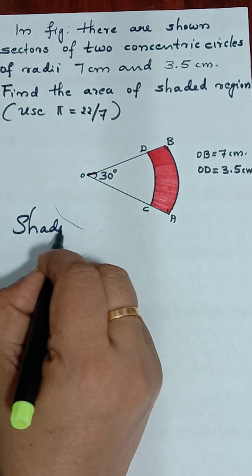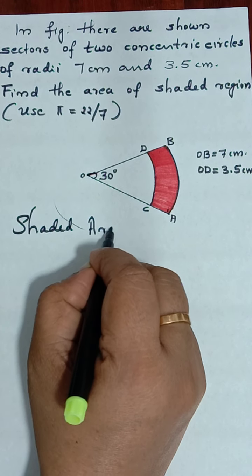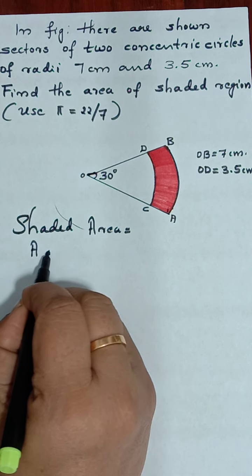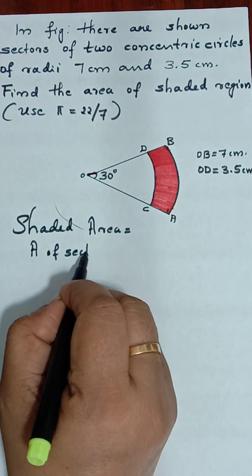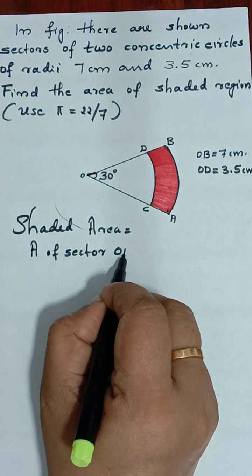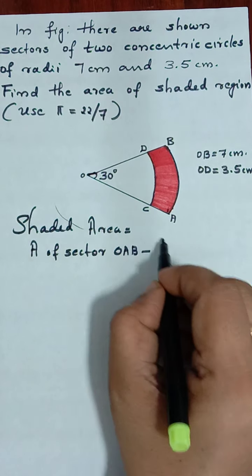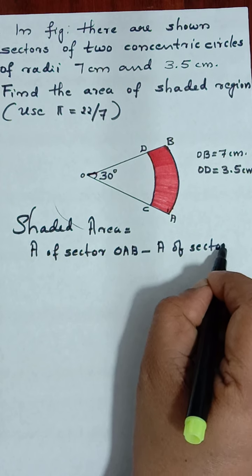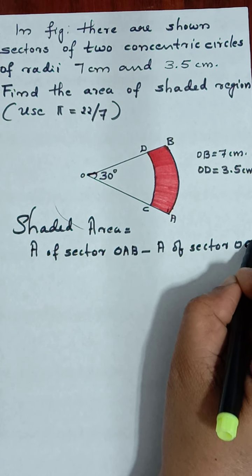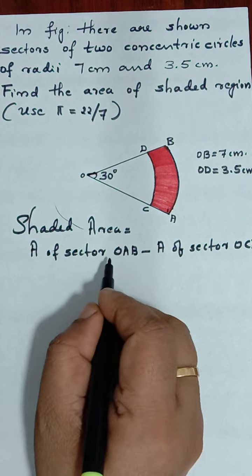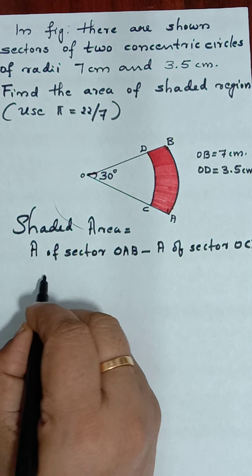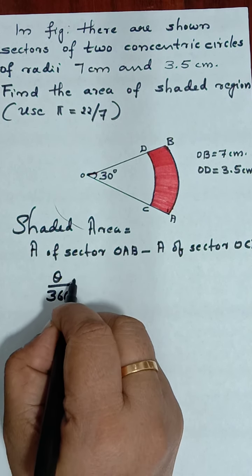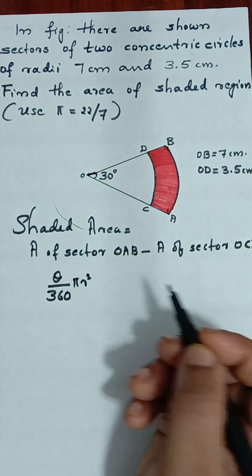So we write shaded area equals area of sector OAB minus area of sector OCD. For this, the general formula is theta by 360 into pi r square.